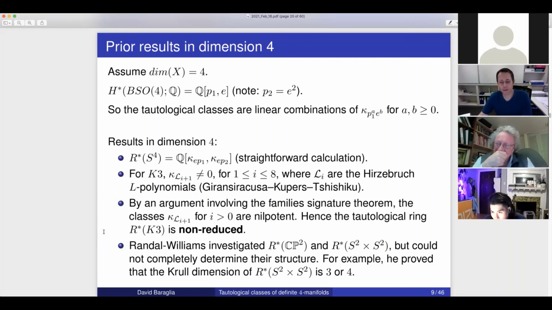Yes, I haven't thought about that, but if we were looking at connected sums of CP2s, they have positive scalar curvature metrics, so maybe that could be used somehow. Of course, they're not going to have symplectic structures or anything.